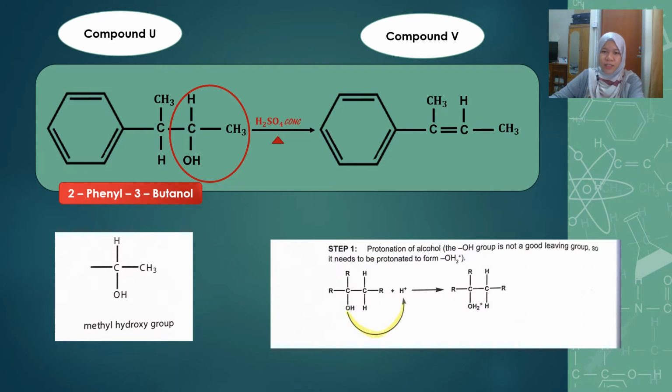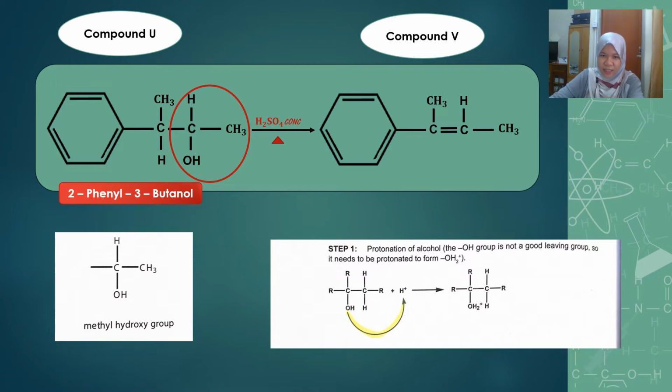Step 1 is protonation of the alcohol. The OH group is not a good leaving group, so it needs to be protonated to form OH2+. What does protonation mean?